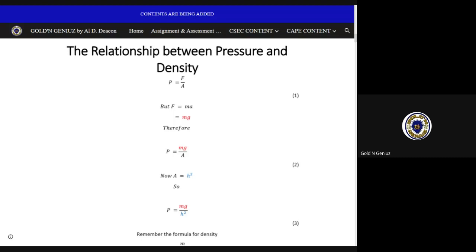That is the amount of mass that you get on the scale multiplied by the acceleration, which is 10 meters per second squared, or the gravitational field, which is 10 Newton per kilogram. So we are now at P equals mg upon A.